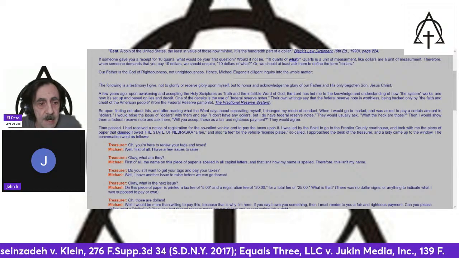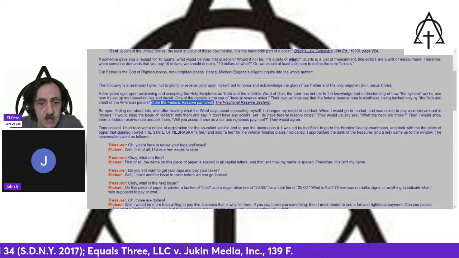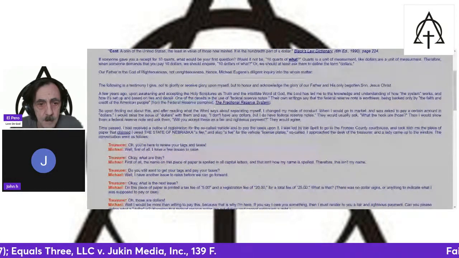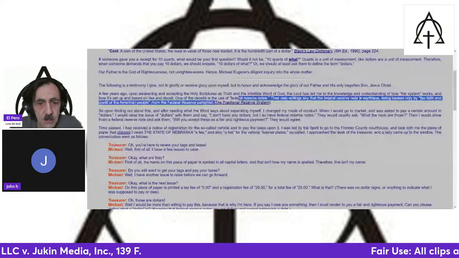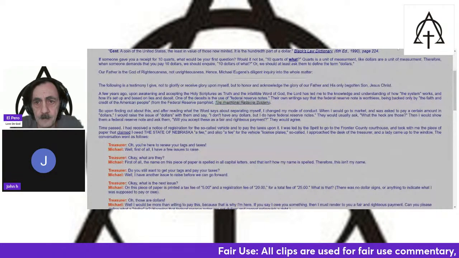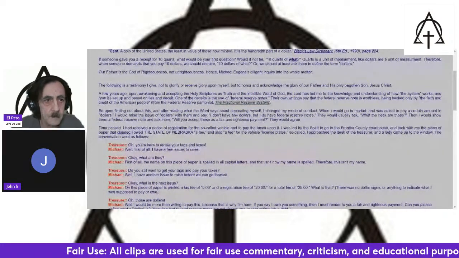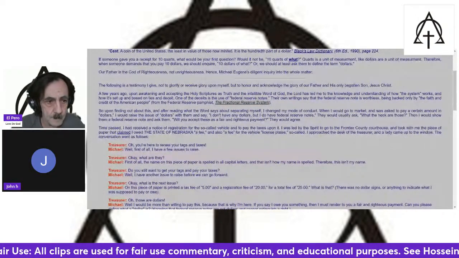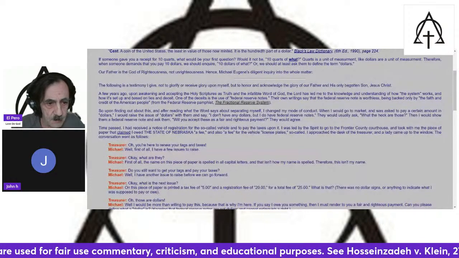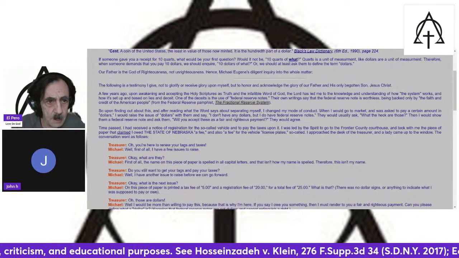So it goes on to say, from the Federal Reserve pamphlet, the fractional reserve system. Let's pull that up. See if we can find it. Let's put it like this.